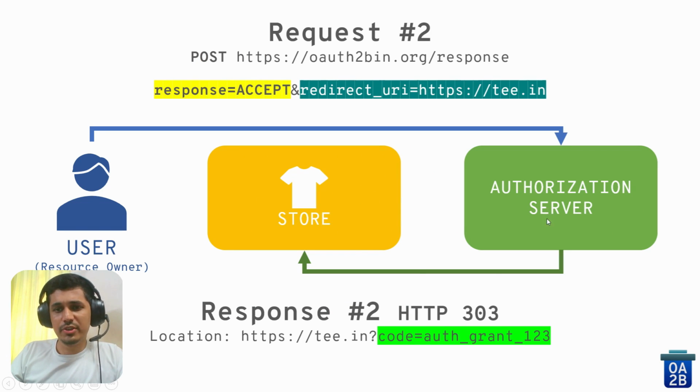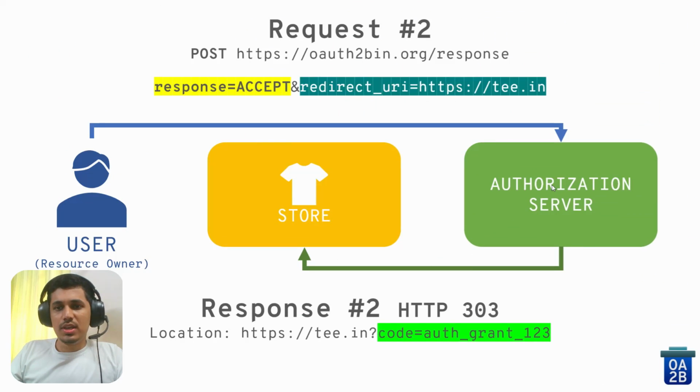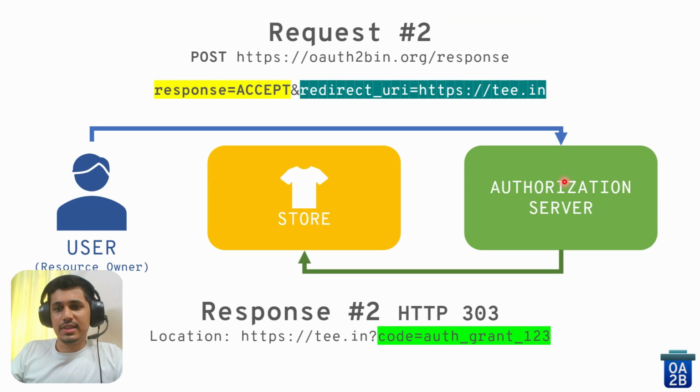So what the server would actually do is send an HTTP 303 response, which means it's a redirect response. This tells the browser that in the response headers, you want to check this location header, and you want to redirect the user to the URL pointed to by this location header.